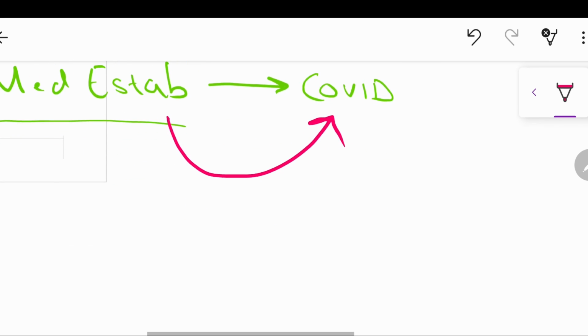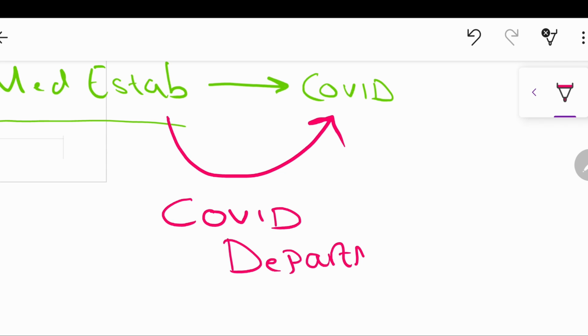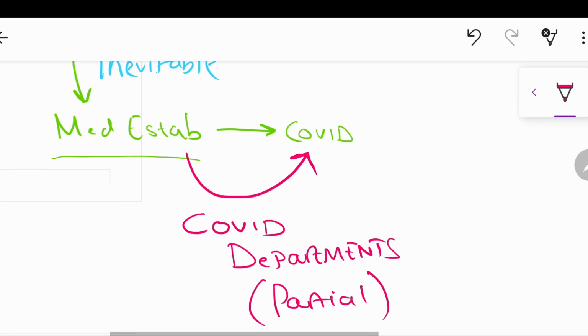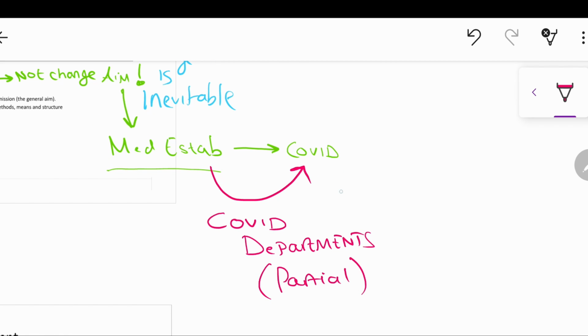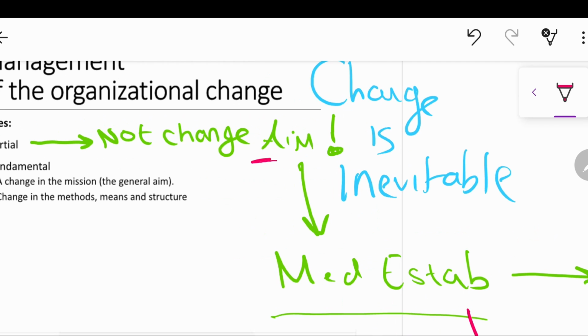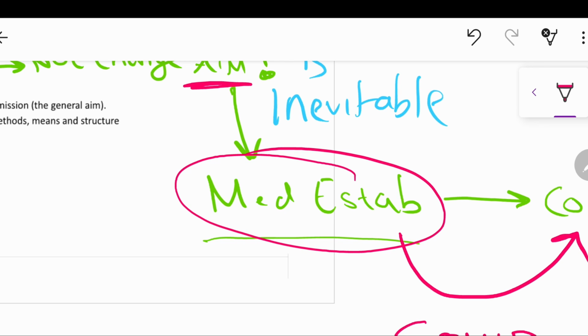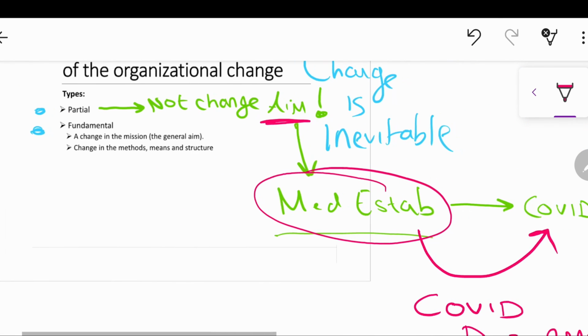They may include COVID departments. However, this change here, being a partial one, we still contain our main aim. Our aim is still the same, which is that of which resides within the medical establishment and the activities listed, taking care of the patients.